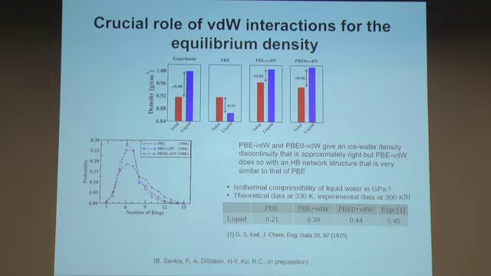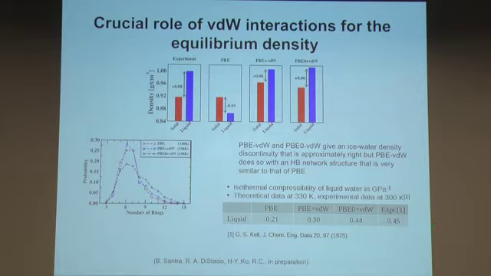One can also see here, this is our recent data on the compressibility of liquid water, and one can see that the compressibility from experiment has this value. When we use the best functional, we get this value here, and with PBE and PBE plus van der Waals, even though the PBE plus van der Waals gives a decent discontinuity, at least the right sign, the compressibility is still much lower than what one has in experiment.